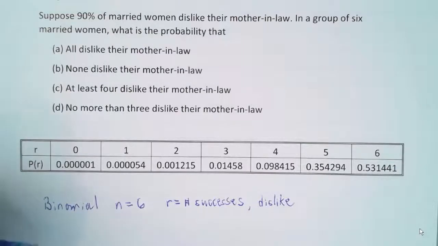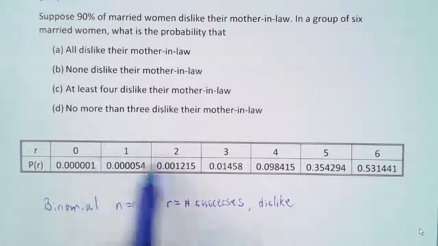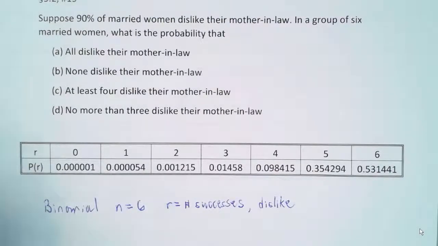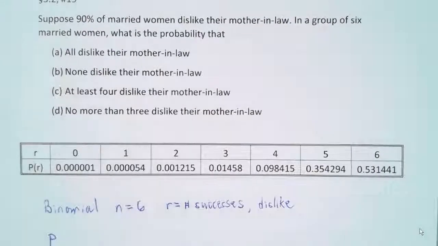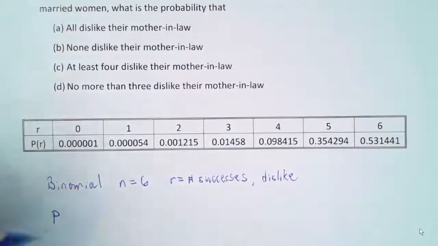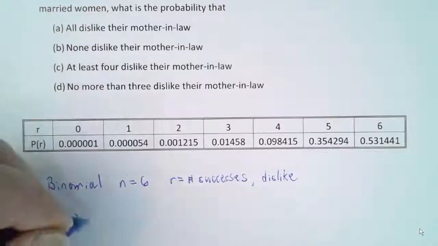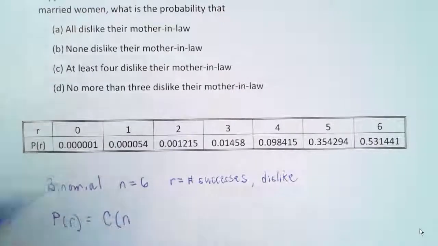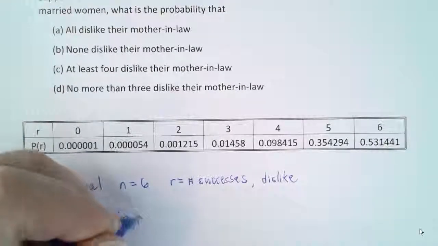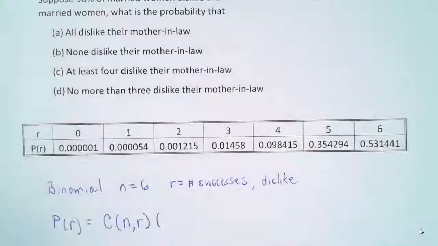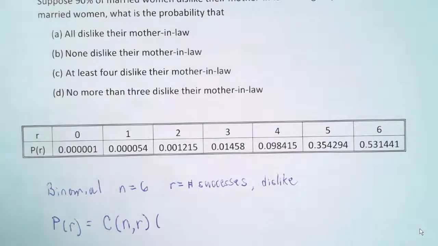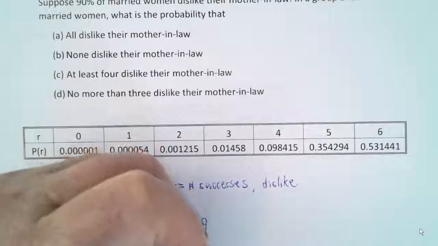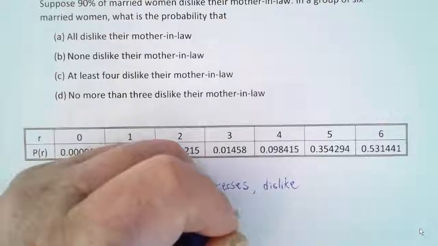Now, it's worth remembering that the probability for any particular number of R within the allowed range for a binomial distribution is given by a formula. In that formula, the probability of R successes is equal to the number of combinations of n things, n is the number of trials, taken r at a time, times the probability of a success, that is called p, raised to the r power, times q raised to the n minus r power.